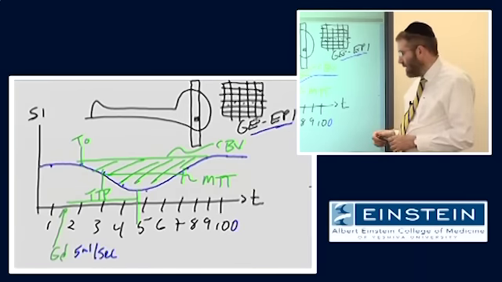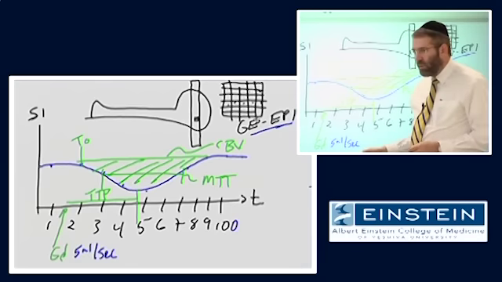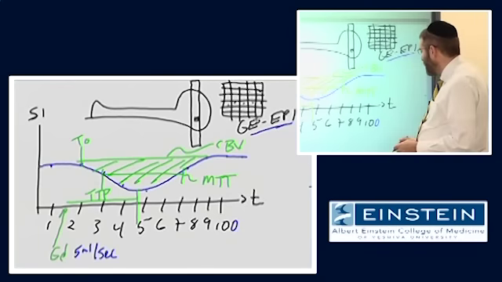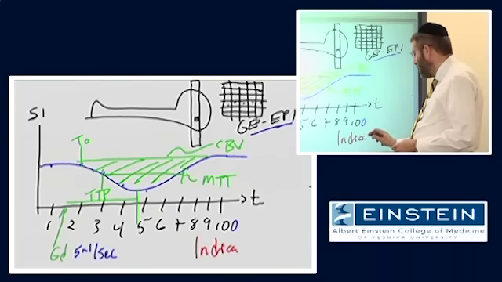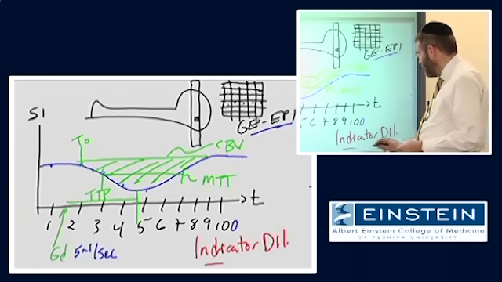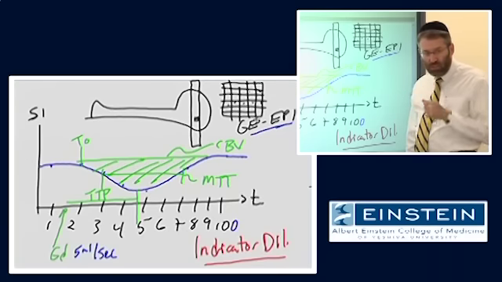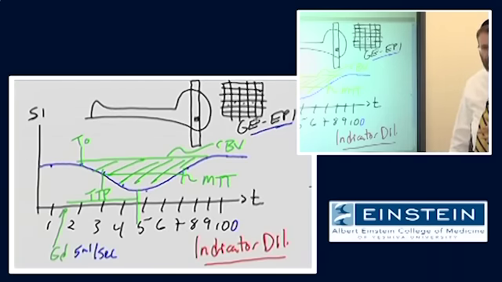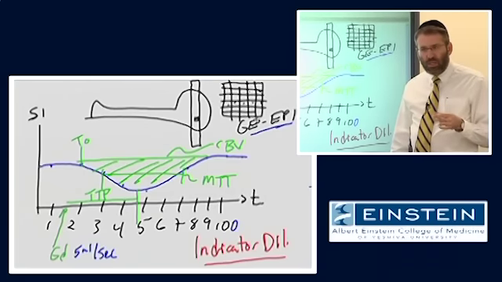Now, the basic mechanism here, by the way, is what we call an indicator dilution technique. It's the same idea, if anyone ever worked in an ICU where they do cardiac output measurements by injecting cold saline into the Swan-Ganz catheter.